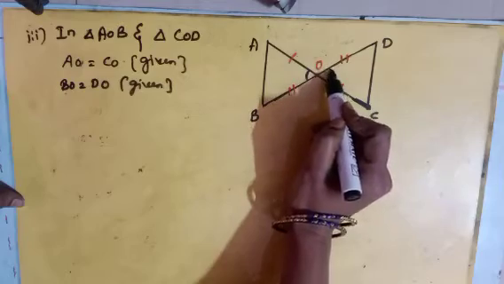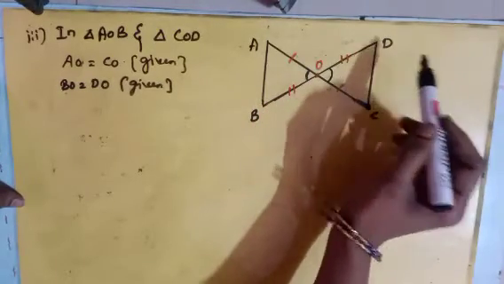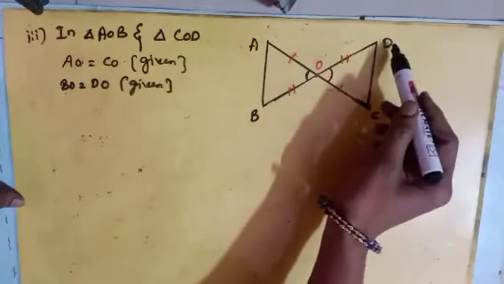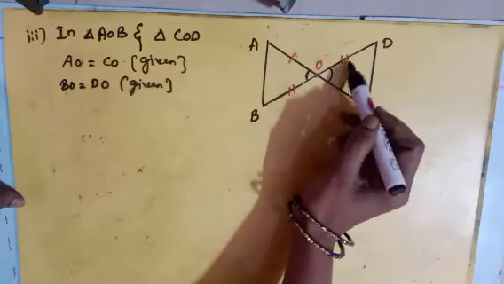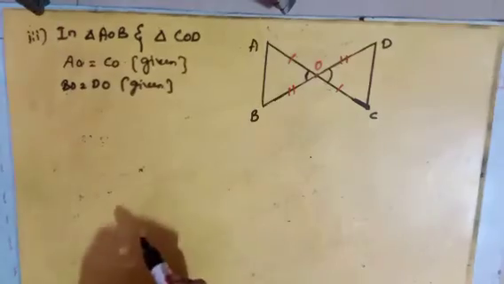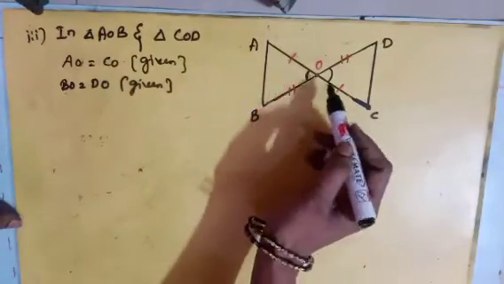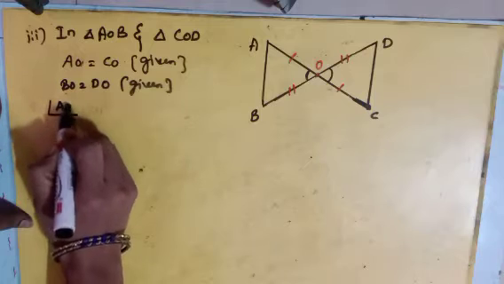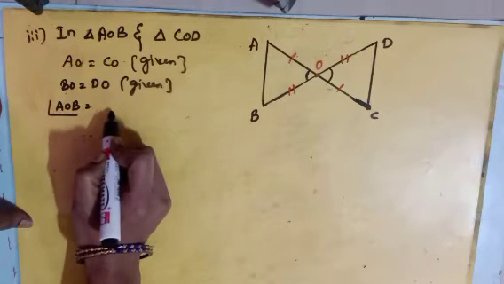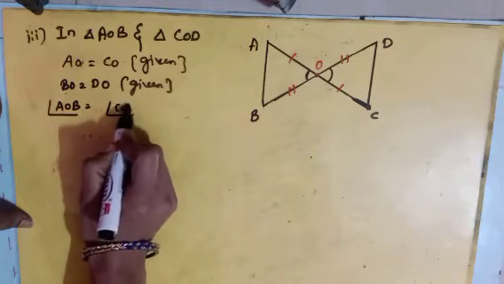Here also, angle COD is included between the two sides. So let me write the included angle, angle AOB is equal to angle COD.